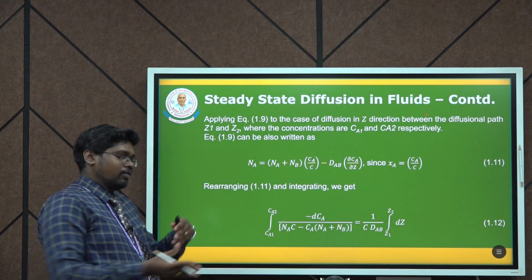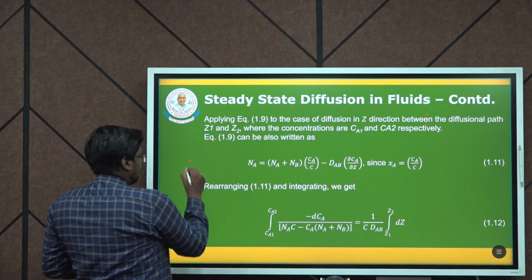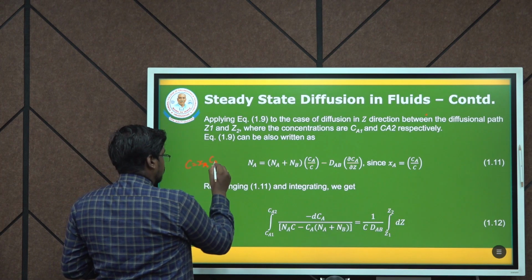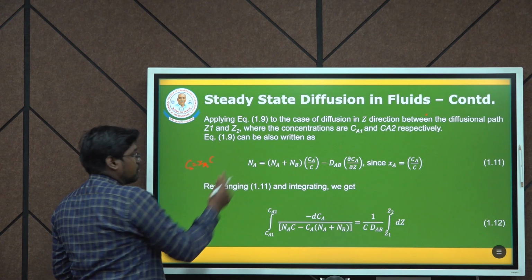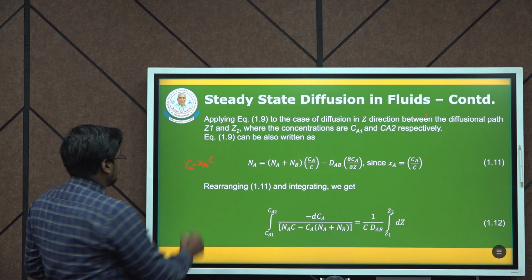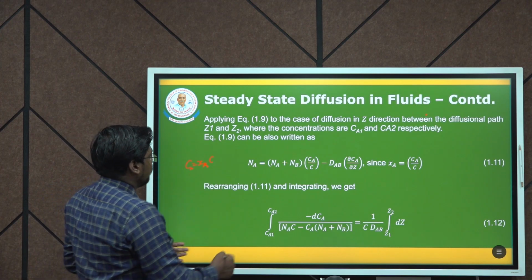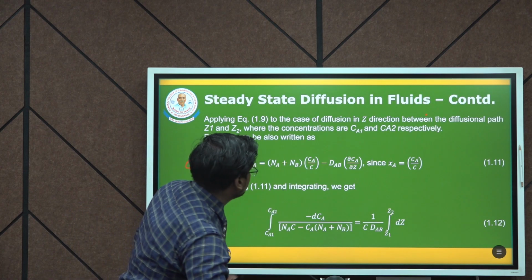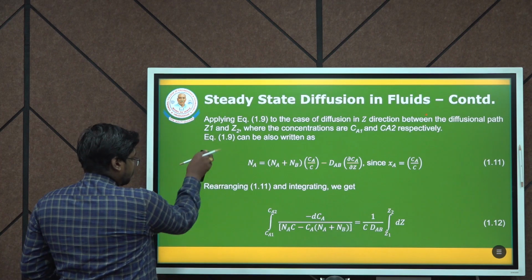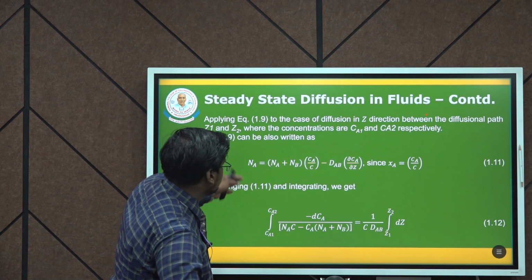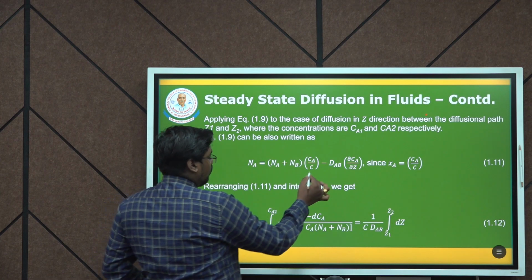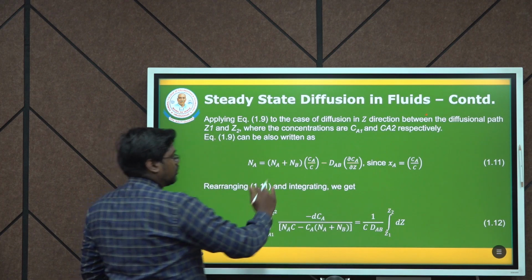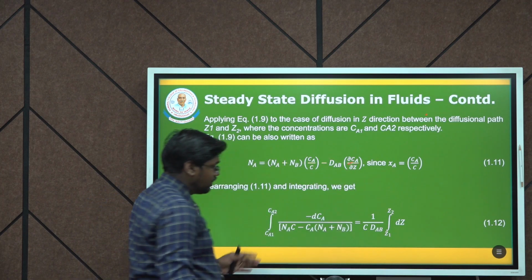Similarly, we have written earlier that Ca is equal to Xa into C. Solving for Xa, we get Ca divided by C in this equation. Substituting this, we get this equation, and we rearrange it so that all the components related to Ca come to one side and all the components related to dz come to the other side.